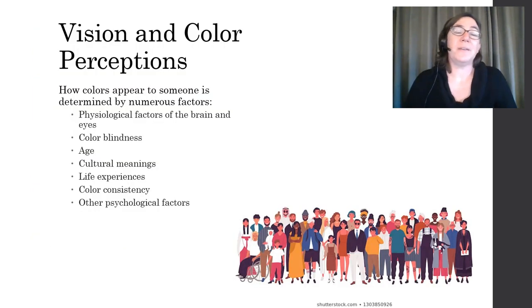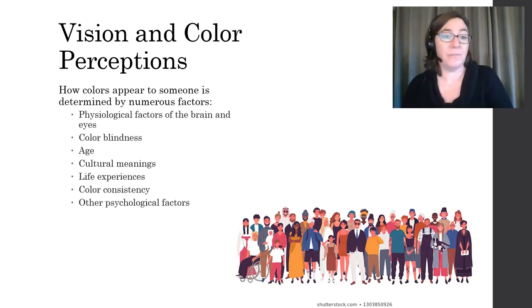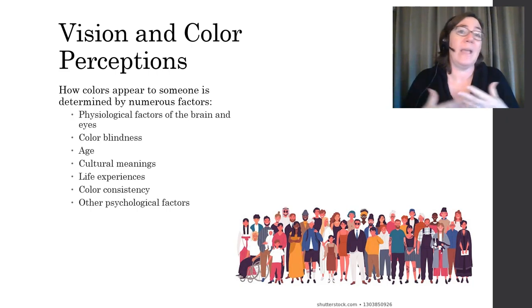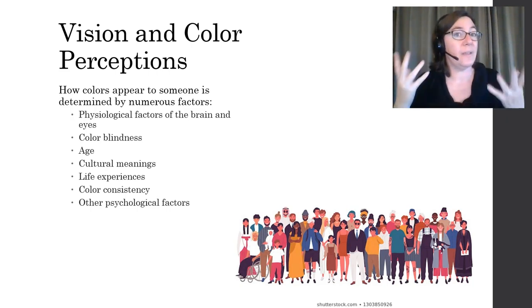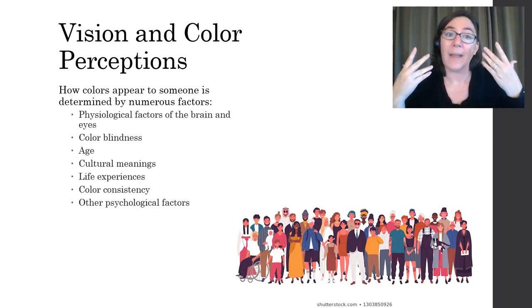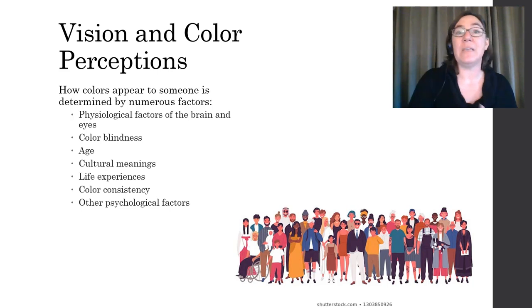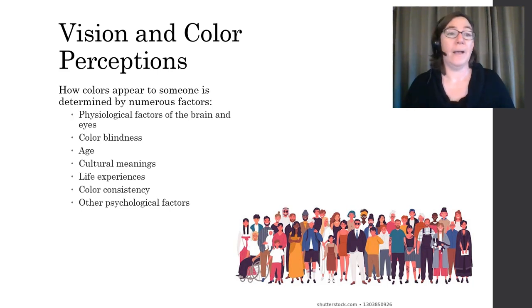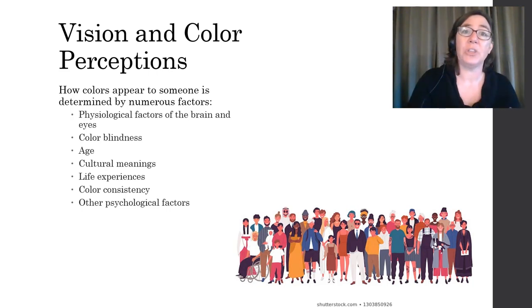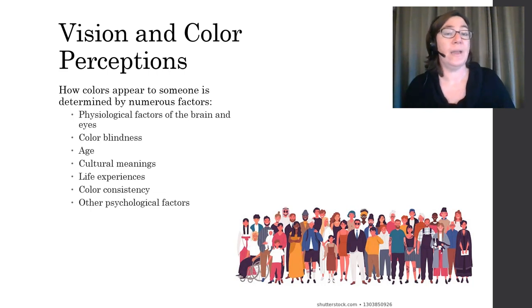It turns out that colors are subjective, and how colors appear to any individual is determined by a whole lot of different factors. There are some physiological or anatomical factors of your brain and your eyes, right? There can be color blindness. Also, age has a huge effect on how people view colors.